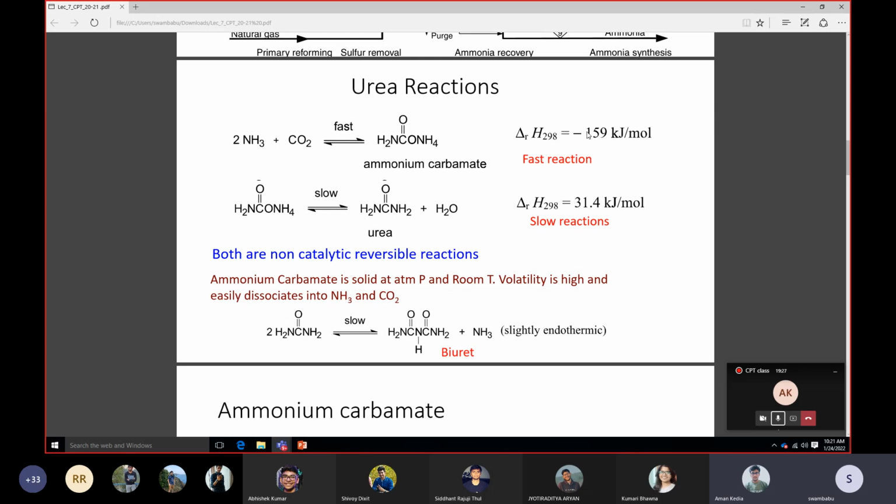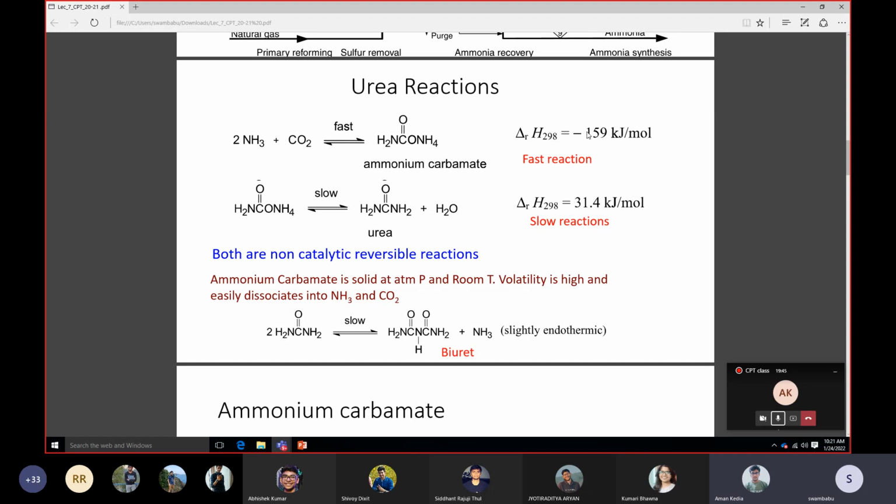Now, one important question may come to anyone's mind: ammonium carbonate also contains nitrogen, so this could possibly be used as a source of fertilizer. Why can urea be used as a fertilizer?